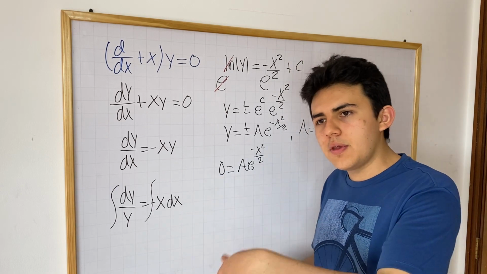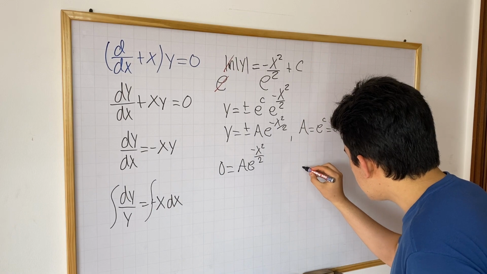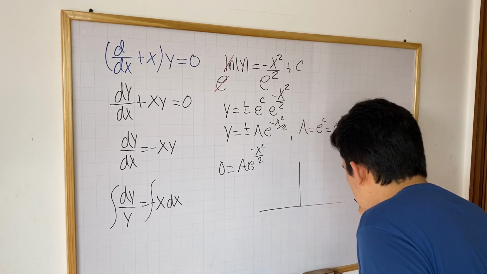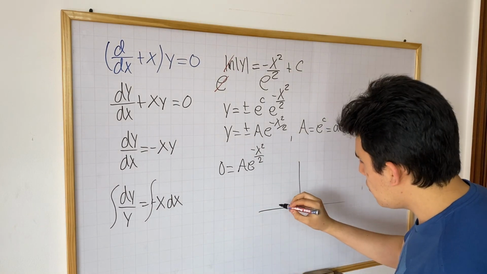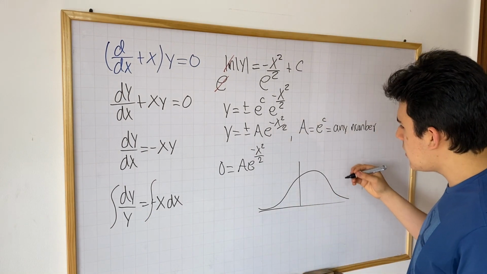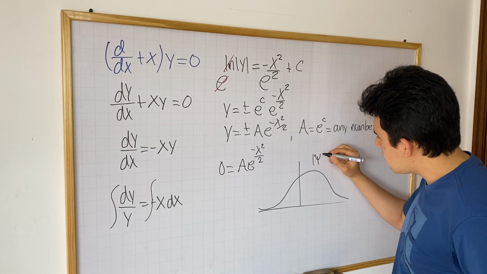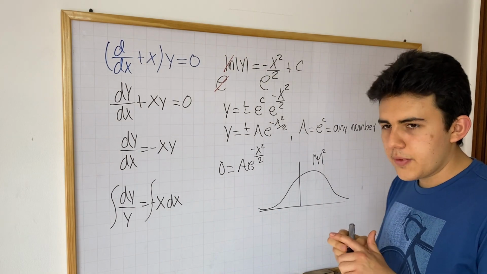The graph is pretty much something like this, so let me try to make the best drawing that I can. A lot of wave functions look something like this, and I think this is psi squared.